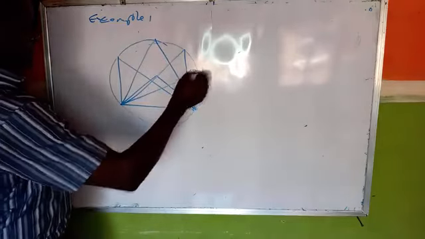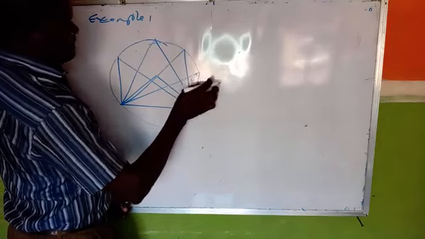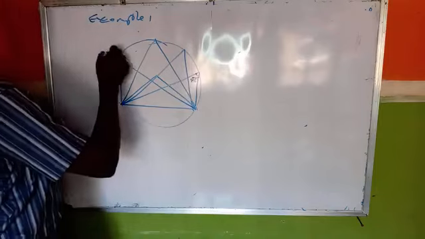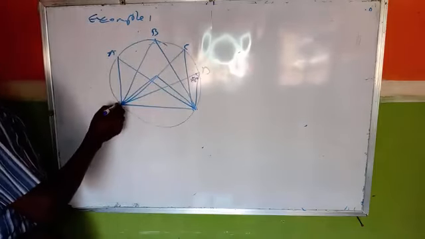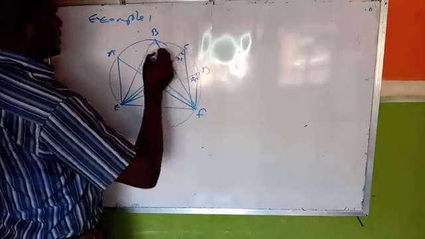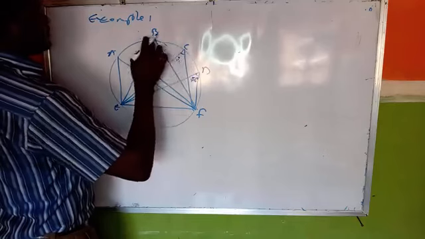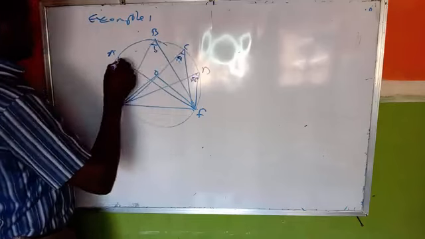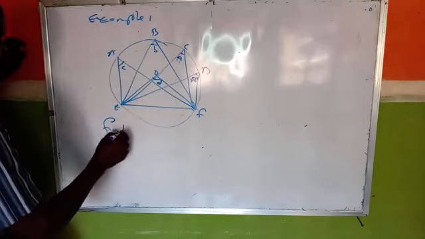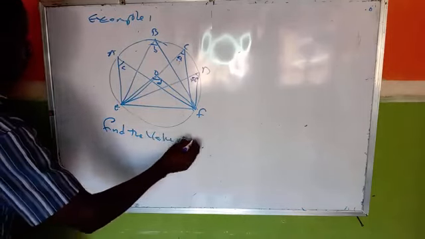If this place is 50 degrees, let's say A, B, C, D, E, F, this center O. Then here is X, Y, we have, let's say A, B, C, D. Then you have to find the value of A, B, C, and D.